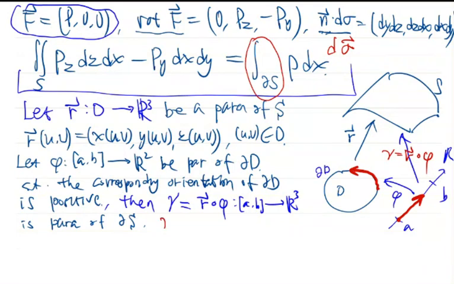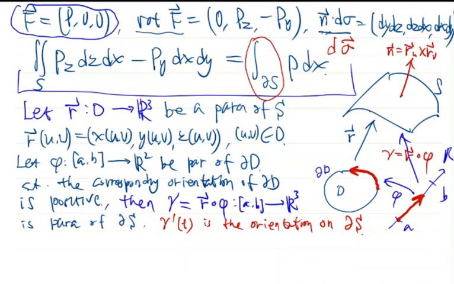This is the orientation on the boundary, given by the normal n equals R_U cross R_V divided by its norm, and correspondingly the orientation is this.